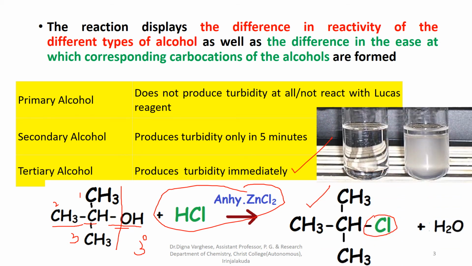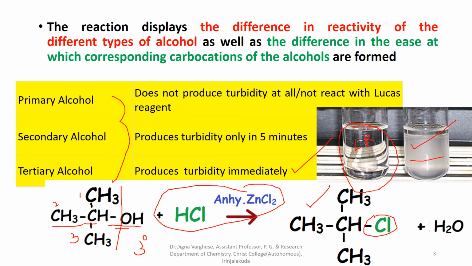Here you can see the tertiary alcohol containing test tube, to which the Lucas reagent is added. Within seconds, you can see here the turbidity. So with Lucas reagent, you can differentiate the different types of alcohols, whether it is primary, secondary, or tertiary. If it is tertiary, it will immediately give the precipitate.